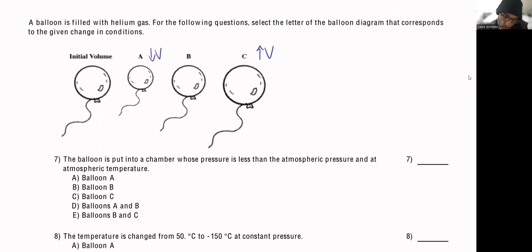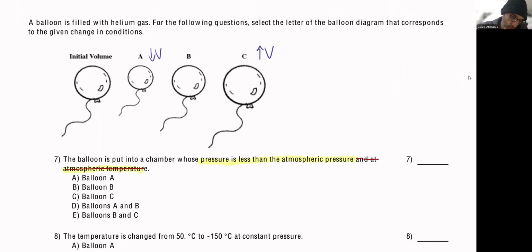Okay, so what I'm seeing here seems a little more complicated than it needs to. At atmospheric temperature. So temperature is not changing again. So we don't have to worry about temperature at all. So what has happened is it's put into a lower pressure. Pressure is less than atmospheric pressure.